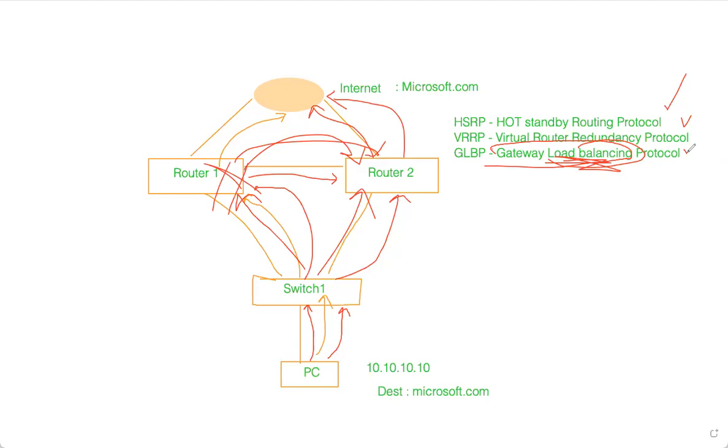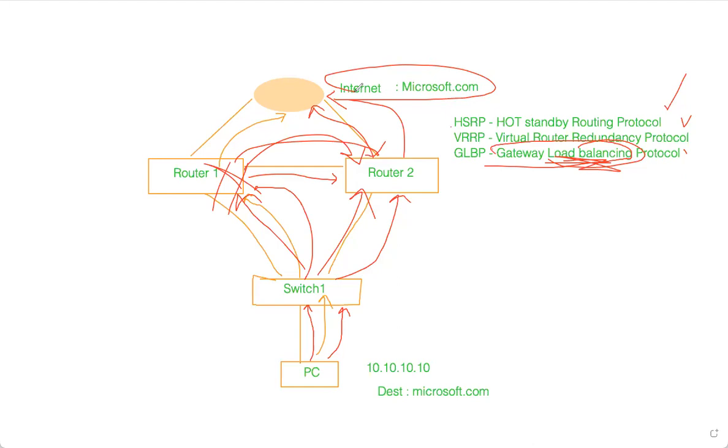But today let's talk about HSRP, which is the hot standby routing protocol. So for example, for the PC to talk to the internet, what will be the protocol that will be mapping layer 3 to layer 2?